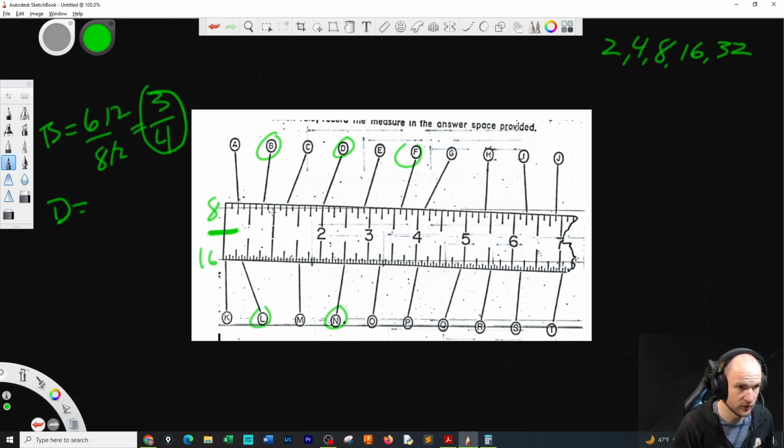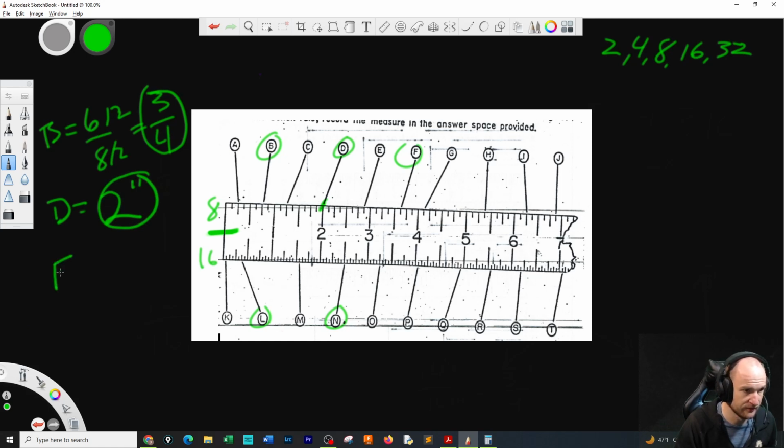So D, if we're looking for whole inches, is not 1 whole inch, it's past there. It is 2 whole inches. And then it doesn't go anywhere from there. It's actually on the 2 inch mark. So we don't actually have to count over 1, 2, 3, 4 or anything. It is just 2 whole inches. That is our final answer. It can be that simple. So 2 inches. That was a good one to have on there.